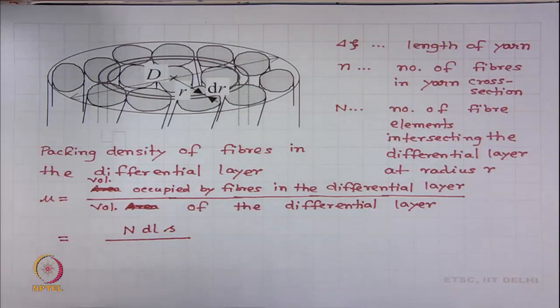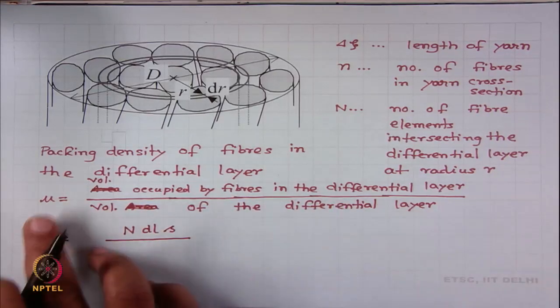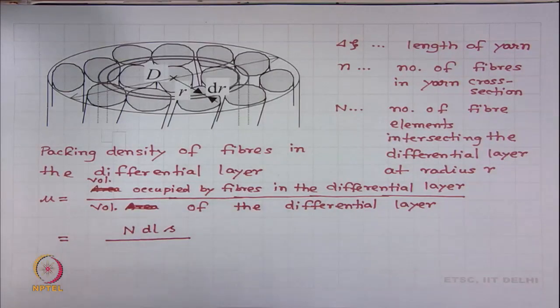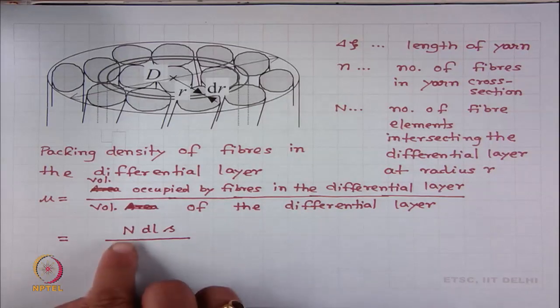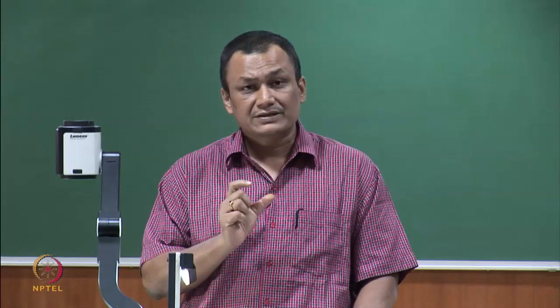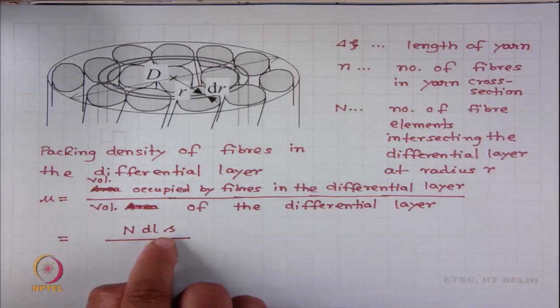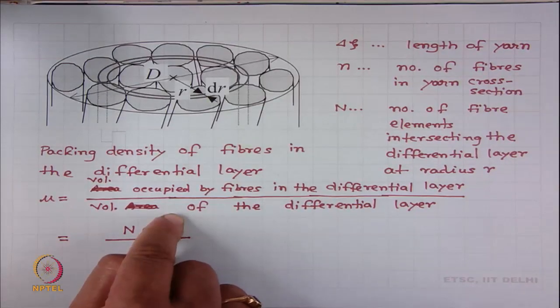So, we use directly the definition of mu: volume occupied by fibers in the differential layer divided by volume of the differential layer. So, this capital N is the number of fiber elements available in the differential layer. Each element has an elementary length dl, and the cross sectional area of each element is small s. So, this gives the total volume occupied by fibers in the differential layer.